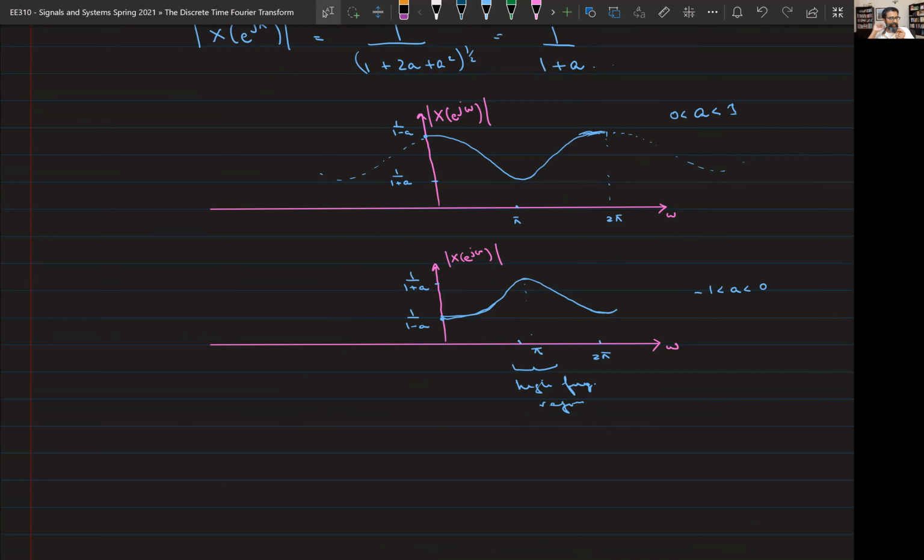Abdullah, what do you want to say? Reflection against mid value? Sir, if we draw a line at the average value of the signal, it was reflecting against that. Okay, so actually you can show that it's a shifted version.